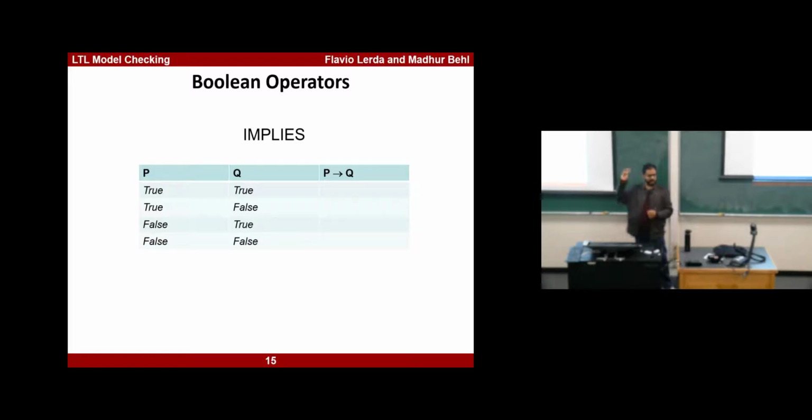Who has seen this before? Okay, so implies, you can actually compose using and, or, and not operations. But the way to think of P implies Q is, if P, then Q. Or we are looking at the proposition, or the assumption P, and trying to conclude whether Q is going to be true or false.